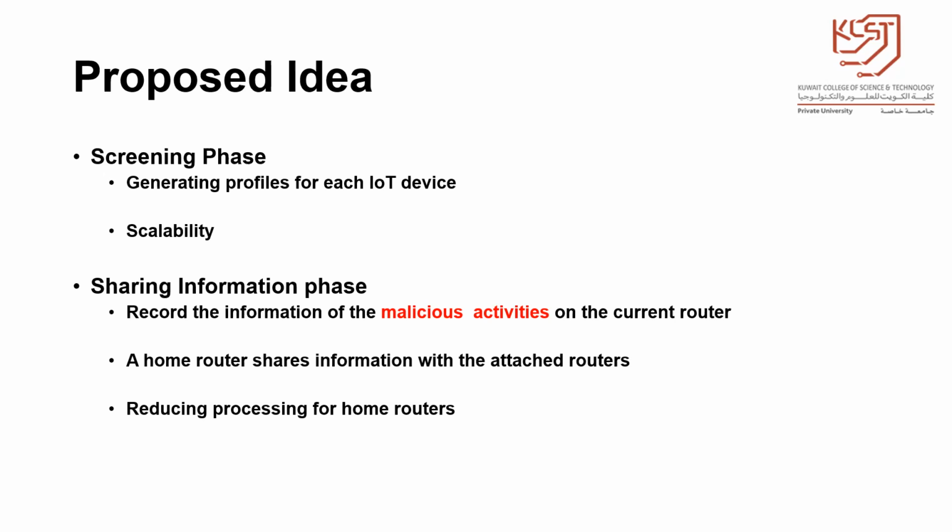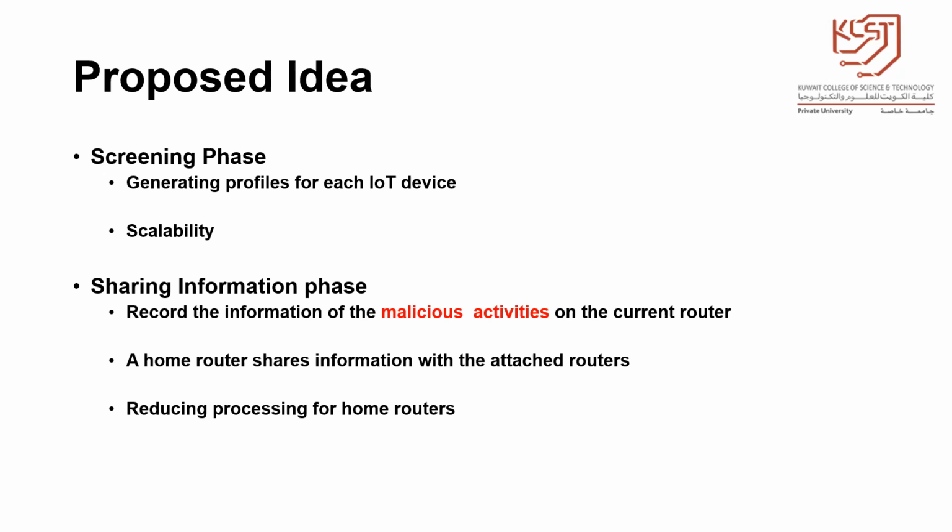For this purpose, we connected two different routers. One router is connected with 20 IoT devices, and another is connected with 10 IoT devices. Both of them manage different IoT networks, and they send information to each other. So suppose one of them gains some knowledge about malicious activity in one home network, it can share the information with another one.